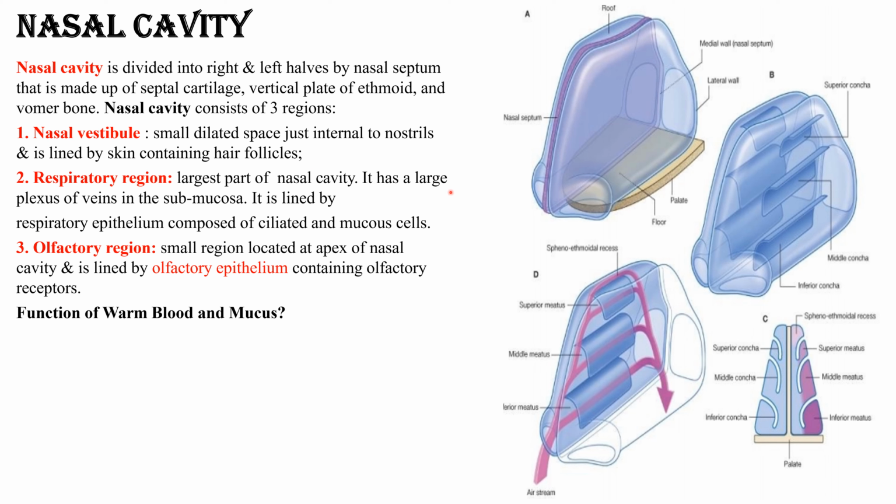We have a respiratory region, the largest part of the nasal cavity, and we have the olfactory region in this area, supplied by the first cranial nerve, the olfactory nerve. The function in this cavity is to warm the air with blood and mucus, plus the secretion and the hairs guarding the nose so that dust or any foreign body does not enter the respiratory system.